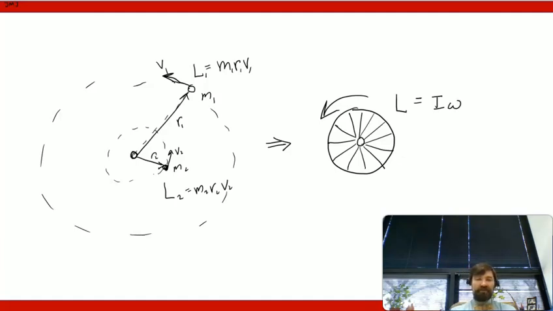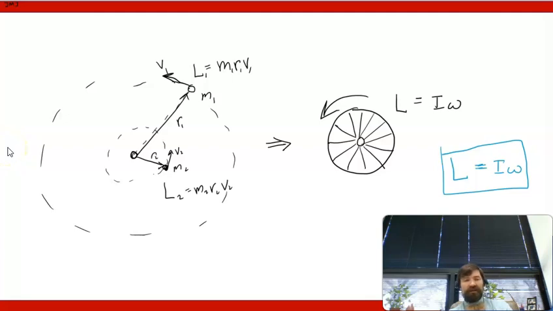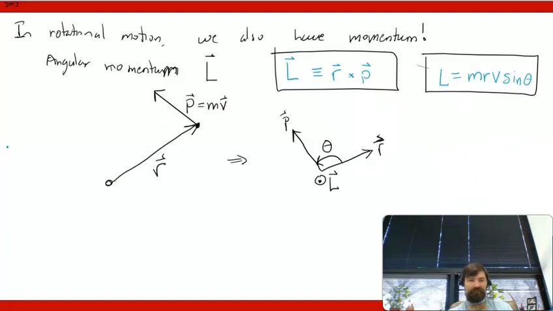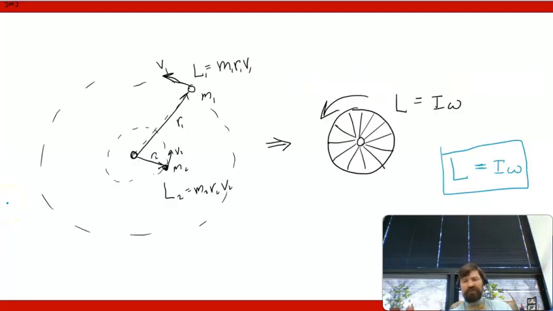So the magnitude of angular momentum for a solid object which is rotating about an axis becomes I times omega. Okay, so that gives us the third form of this equation, and it's useful if you have an actually solid object.